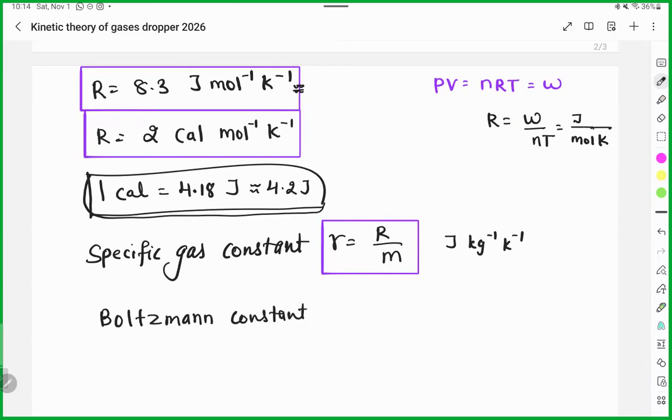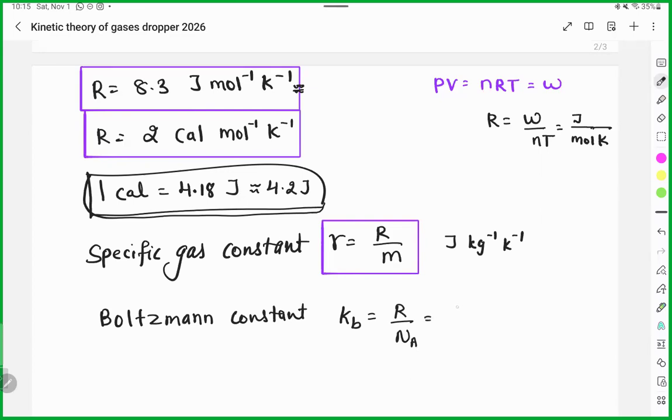Boltzmann constant, KB. Sir, I don't remember. Arpit: R by Avogadro number. Right?